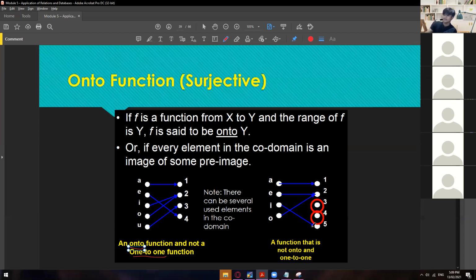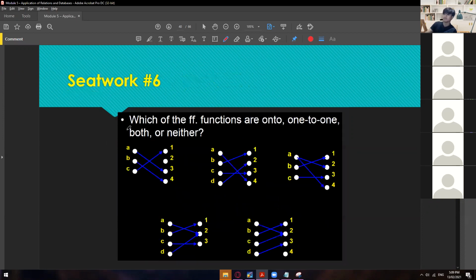Right? So were you guys able to get this one? Yes, sir. All right. So when we say onto, all of your x and y must have a partner. As simple as that. So this one is again a super easy stay break.